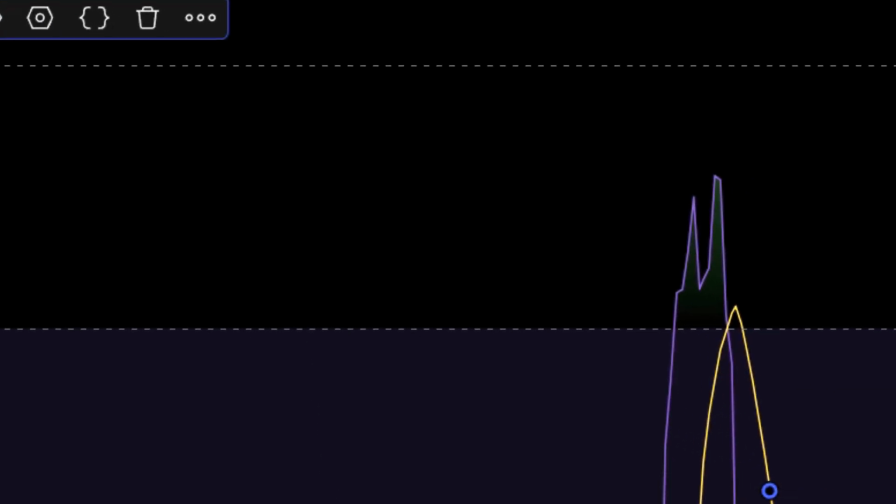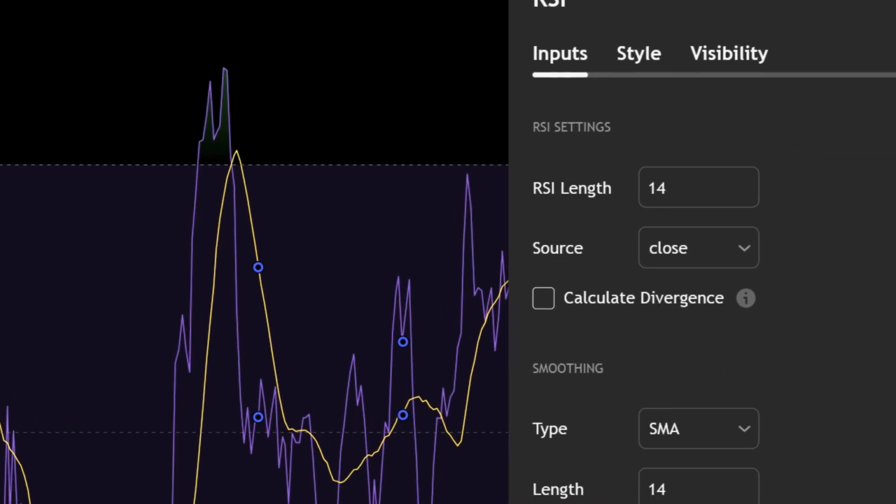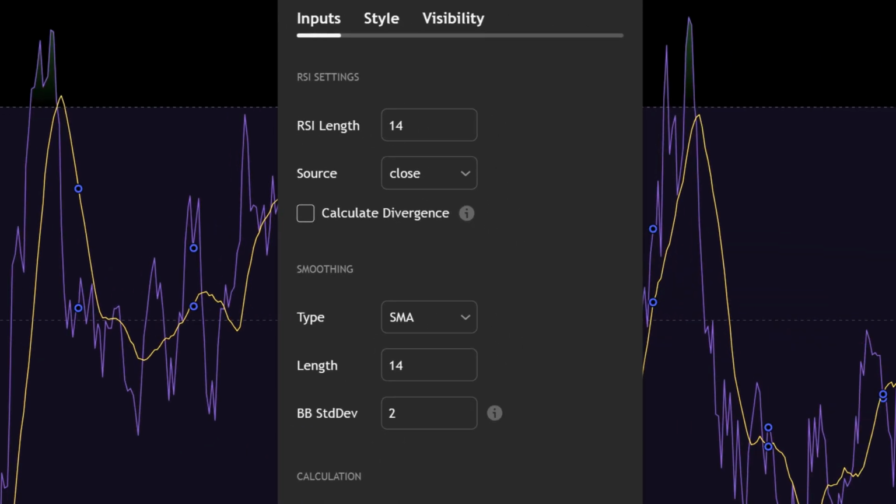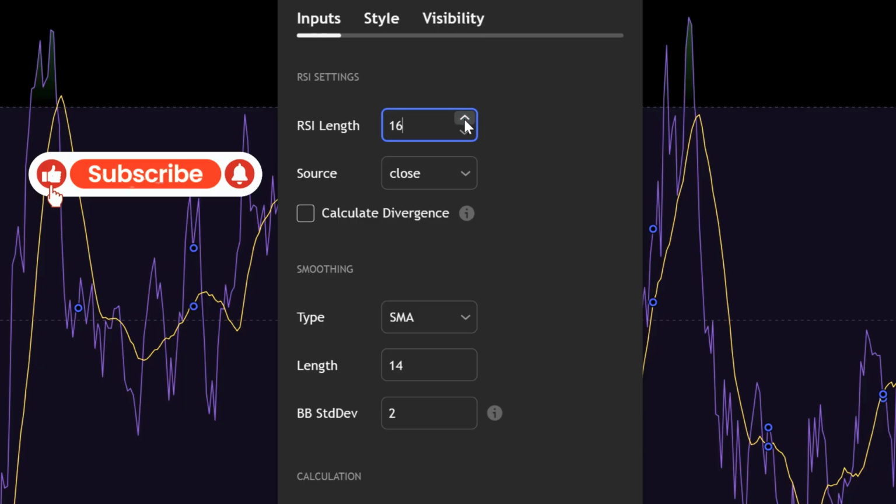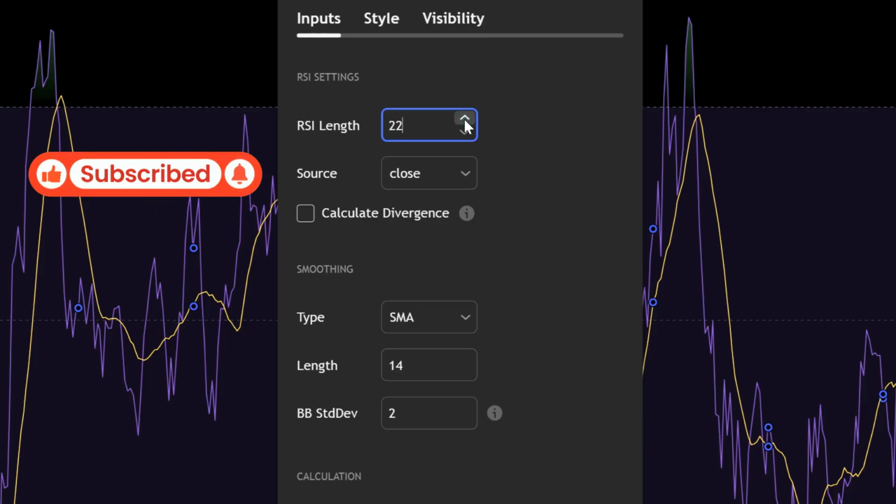First, let's head into the Inputs tab. You'll see an option for RSI length and it's probably set to 14 by default. Now, 14 makes the RSI react pretty quickly, which can be jumpy. For our strategy, we want a smoother, less noisy signal that helps us catch more sustained moves. So let's change that length value from 14 all the way up to 50.